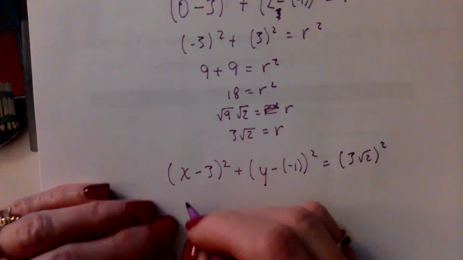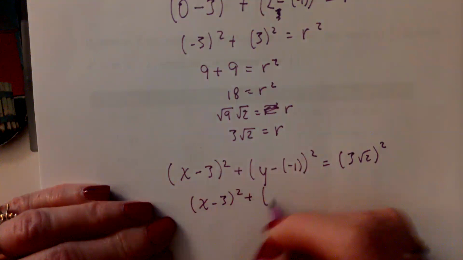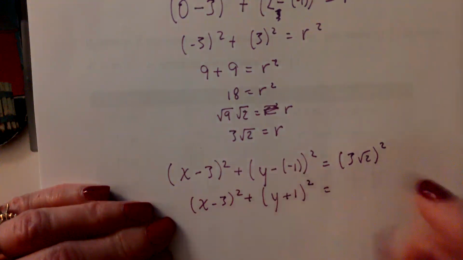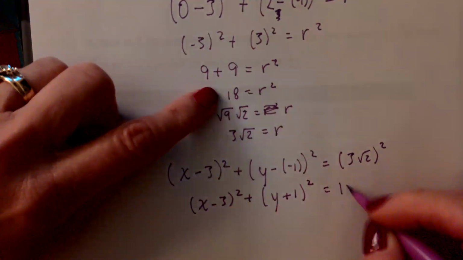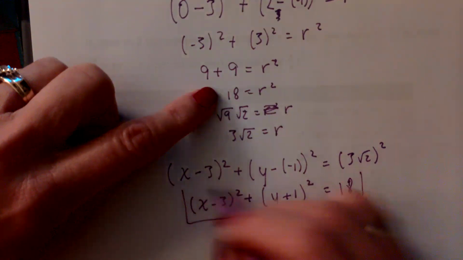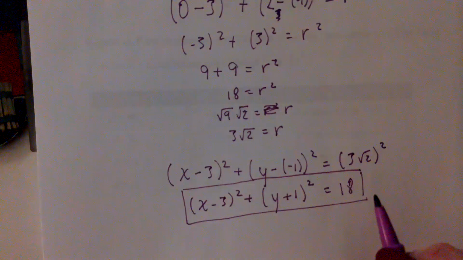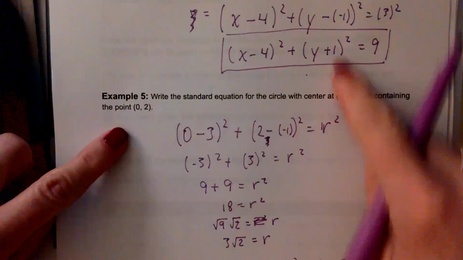And then this simplifies to x minus 3 squared plus y plus 1 squared equals, and 3 times the square root of 2 squared is back to the 18. So this is the standard equation. We were not given the radius. We had to find it using a given point and the center.